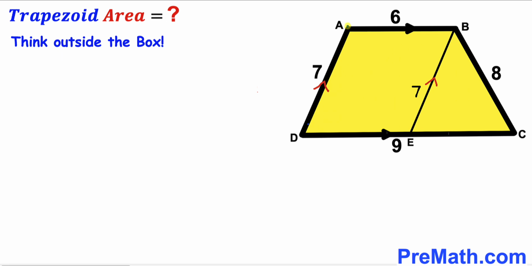And if this side AB is 6 units, then this segment DE is 6 units as well. Finally, we know that this whole side CD is 9 units. So this remaining segment EC is going to be 9 minus 6, which gives us 3 units.